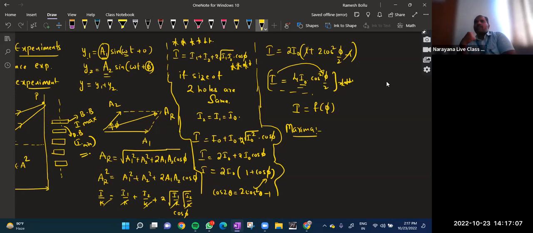Can you repeat that statement? Intensity of light is a function of phi. It should be greater for maximum and less for minimum. Very good, very good.